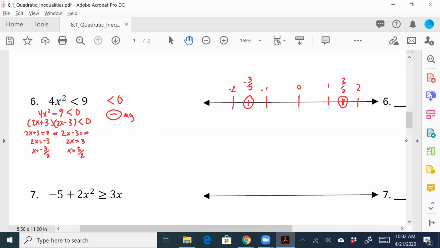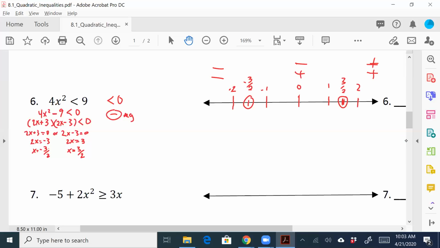Then I'm going to make my sign chart. And I'm going to consider -3 halves. To the left would be negative, and then positive, positive. And then 3 halves, that's the center point. Then to the left of that would be negative in each of those intervals, and then positive.